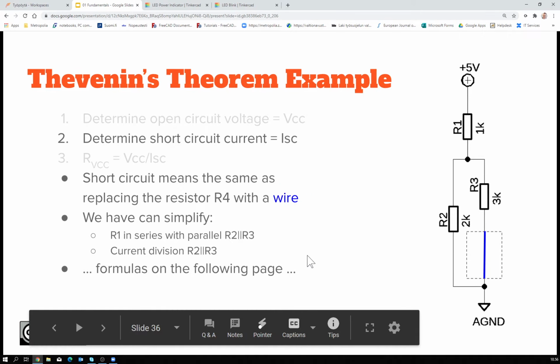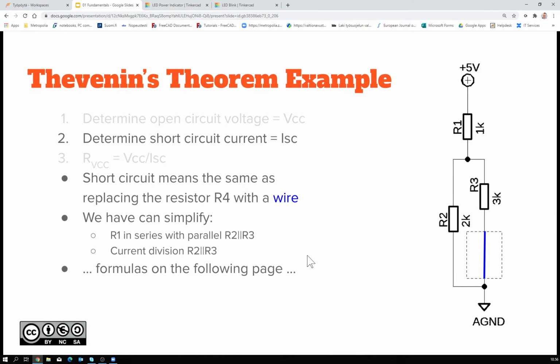Next, determine the short circuit current, meaning for the short circuit we replace R4 with a conducting wire and determine the current through that wire.